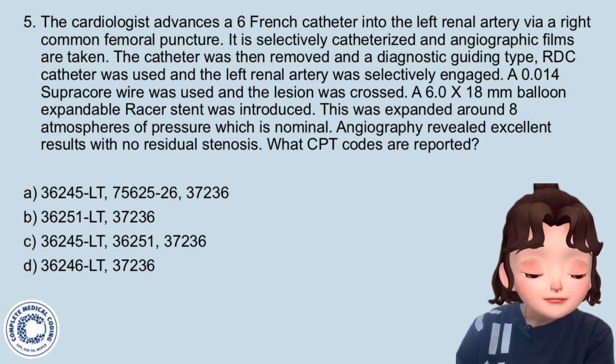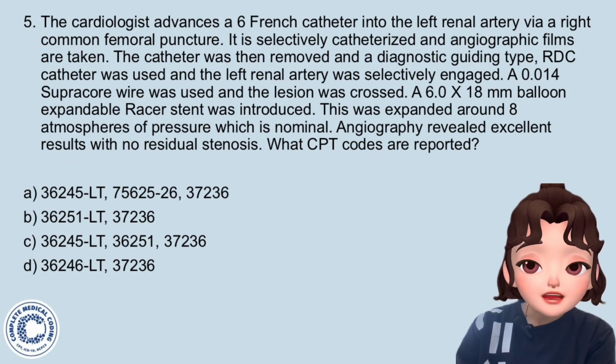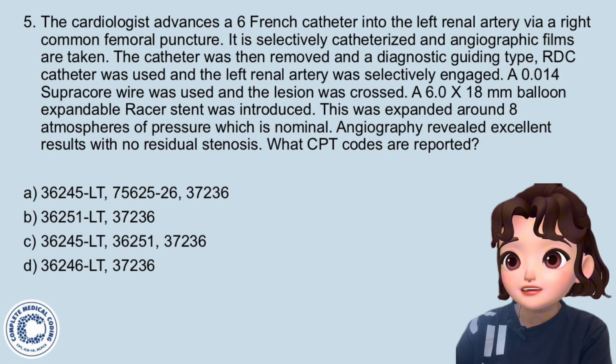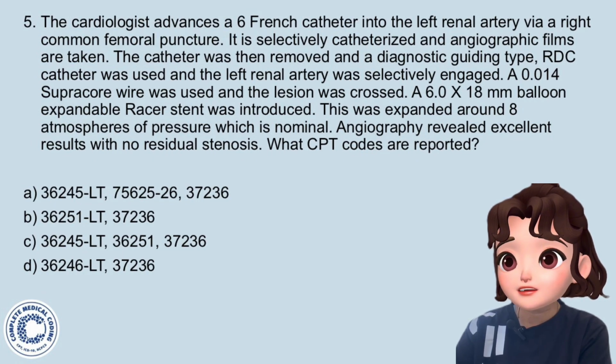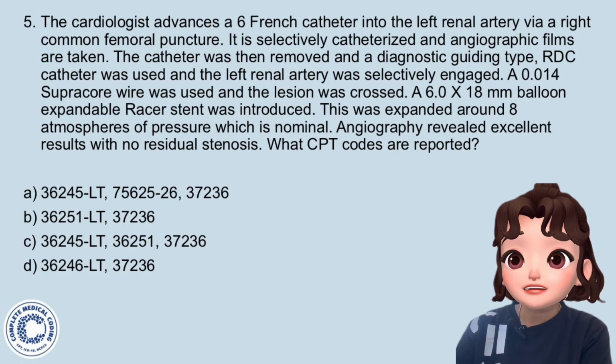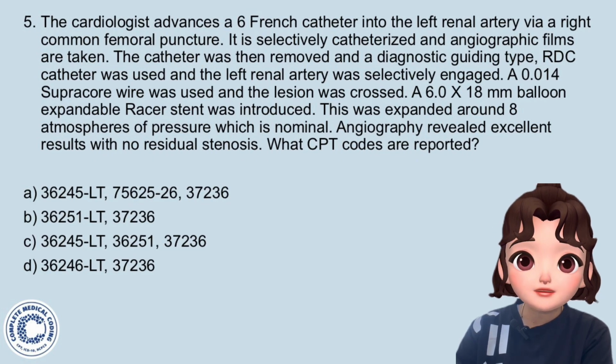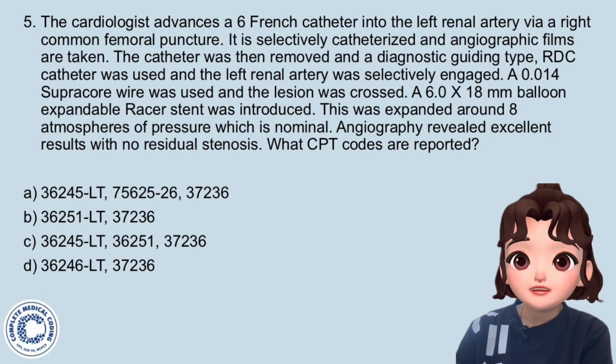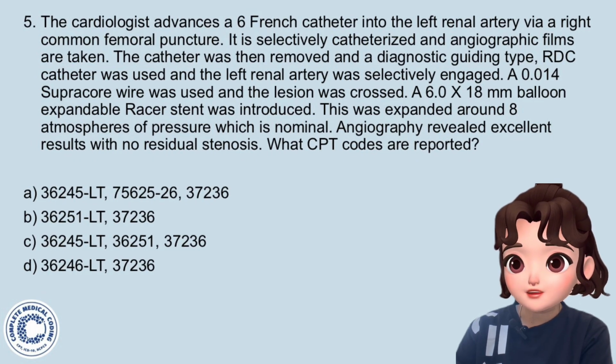Then including arterial puncture and catheter placement. Yes, this is catheter placement. Fluoroscopy is also mentioned, right? See, the diagnostic guiding catheter was selectively catheterized and angiographic films are taken. It means fluoroscopy guidance is also included in the procedure.